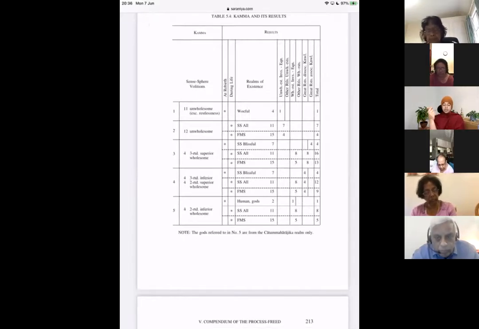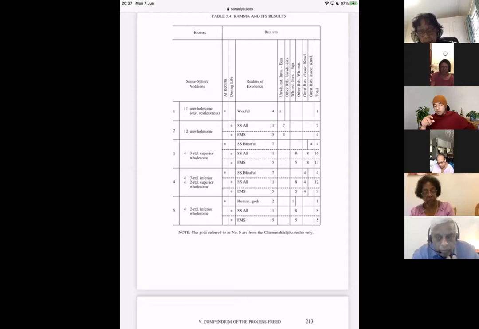So here, when a karma is produced through a 3-rooted superior wholesome consciousness, how will it give rise within the fine material sphere? We have two specific classes of resultant consciousnesses that we go into experiencing such a karma which was produced by a three-rooted superior wholesome, right?